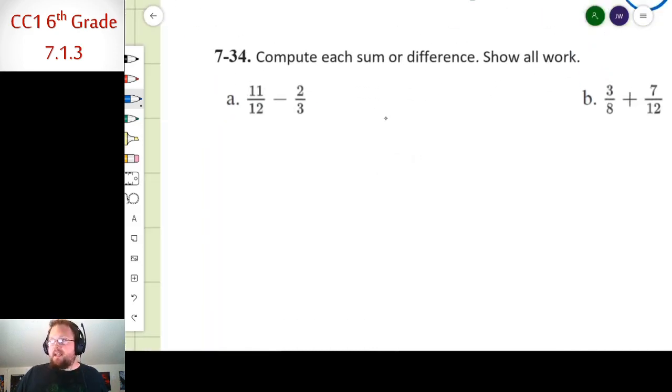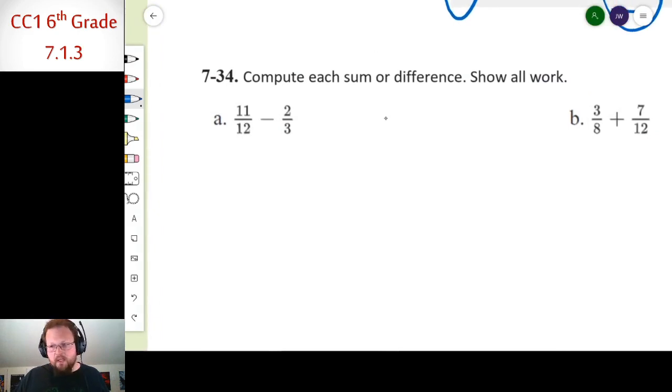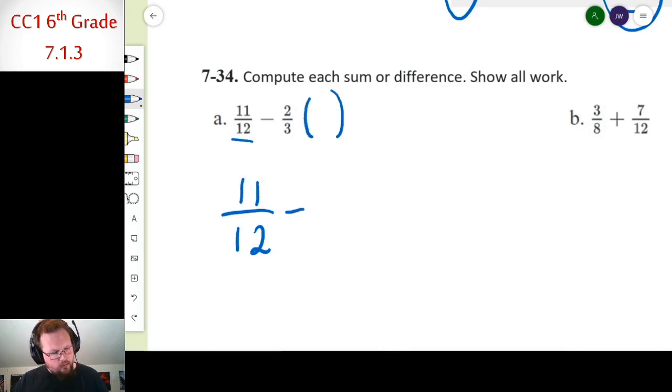And on this last one, you've got a difference or sum, and each of these is going to need common denominators. So the common denominator between 12 and 3 is going to be 12. So I do not have to change this first number. It can stay 11/12 minus this second fraction, which has to change and become out of 12.